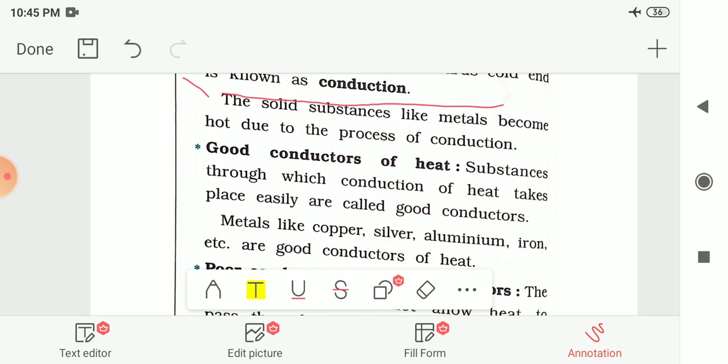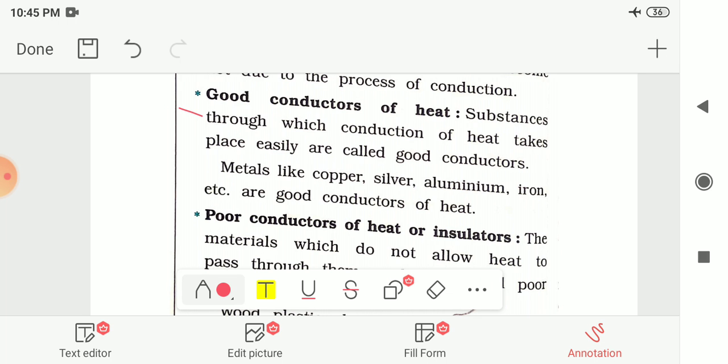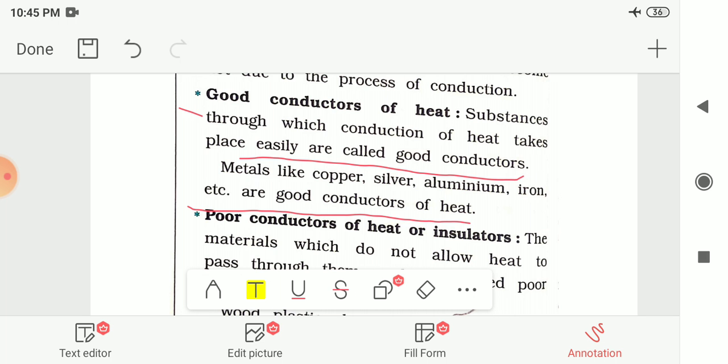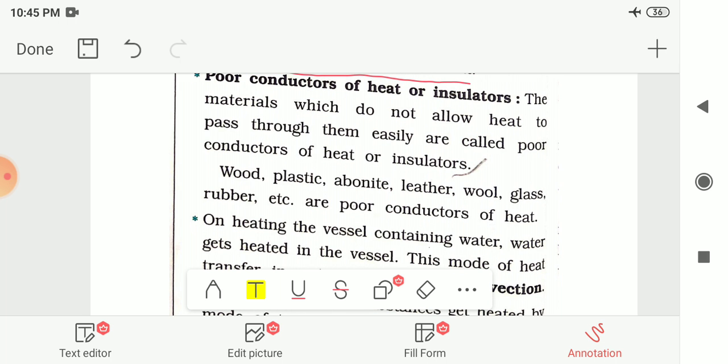Then next we had seen good conductors of heat and poor conductors of heat. The substances through which conduction of heat takes place easily are called good conductors of heat, like metals such as copper, silver, aluminium, iron, etc. Then we had seen poor conductors of heat, or insulators.